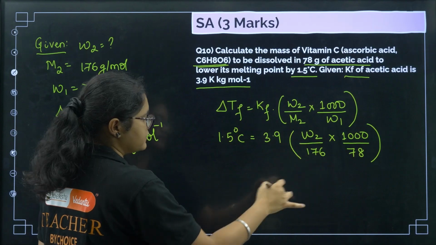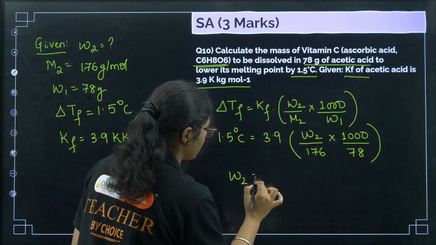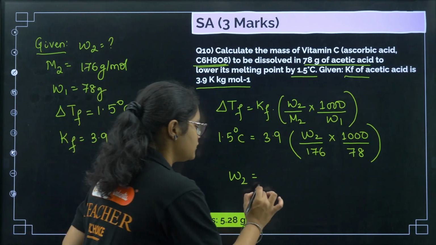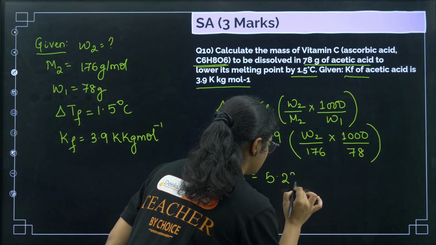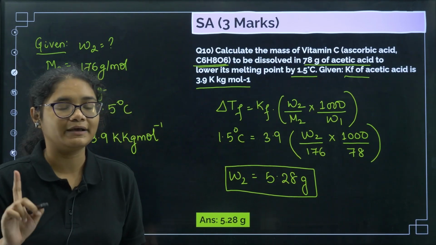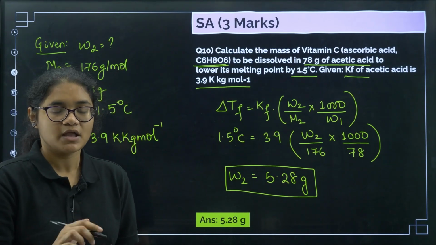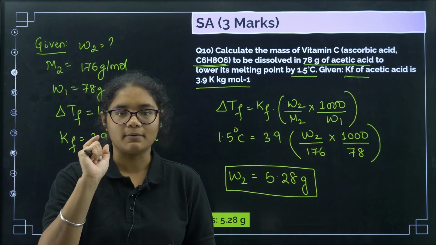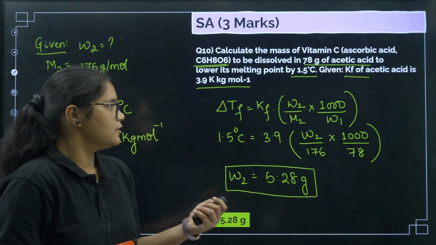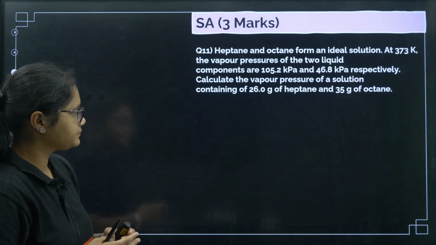Now if I solve this to find the W2 value, you will get the answer of 5.28. Here you should remember that since we are calculating W2, that is not molar mass, the unit will not be grams per mole, the unit will be gram. Only when you calculate molecular mass or molar mass, the unit should be gram per mole. Okay, fine.